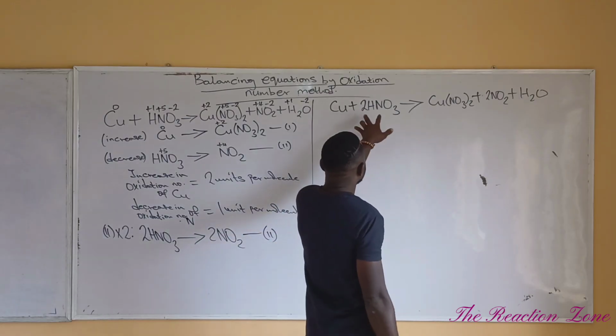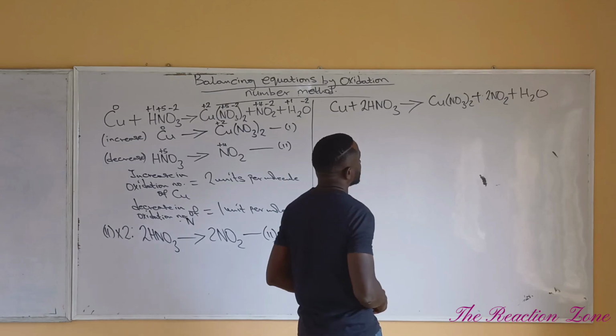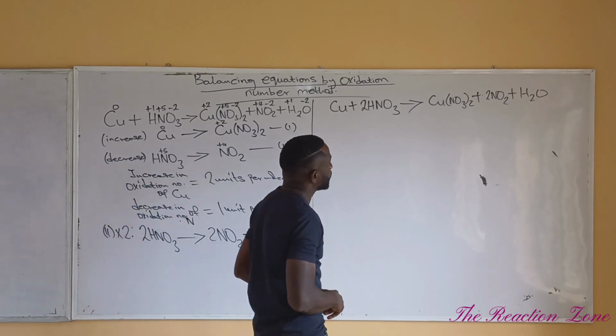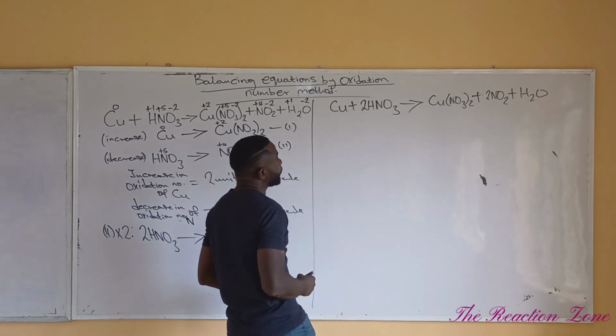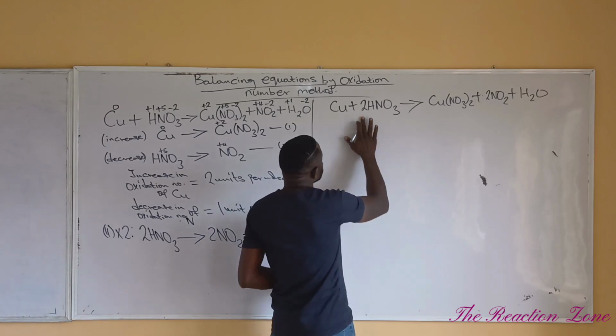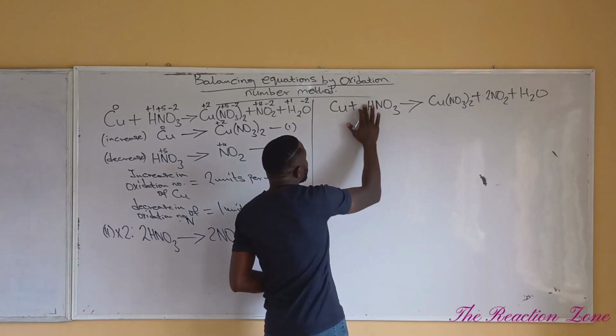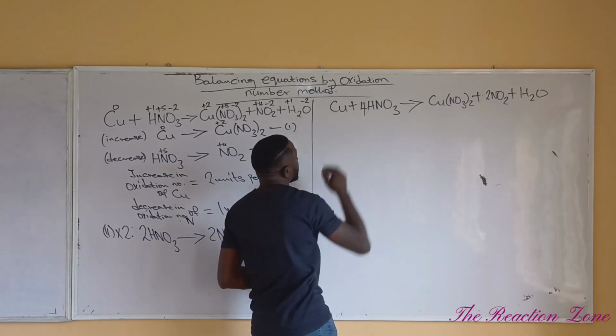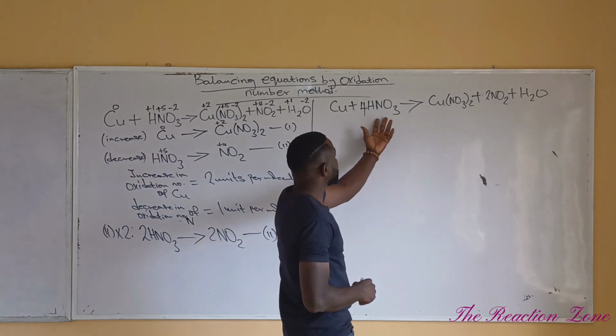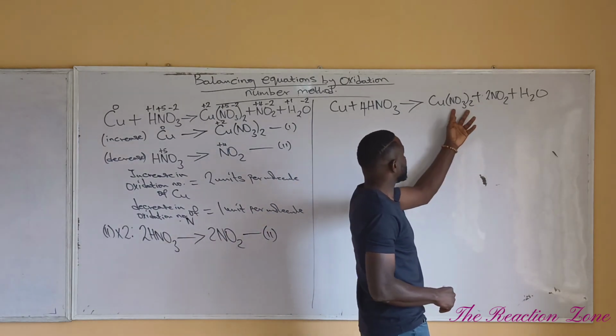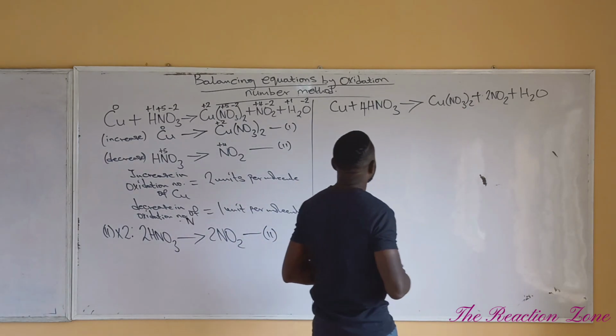And then you have just 2 here. So what do you do? At this point, we can remove these 2 and add 4. So you have 4 nitrates here, 2 nitrates here, and 2 nitrate ions, so making 4.